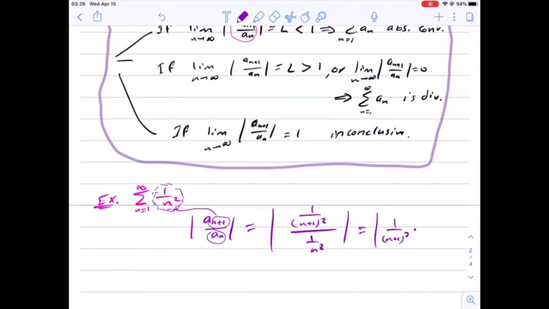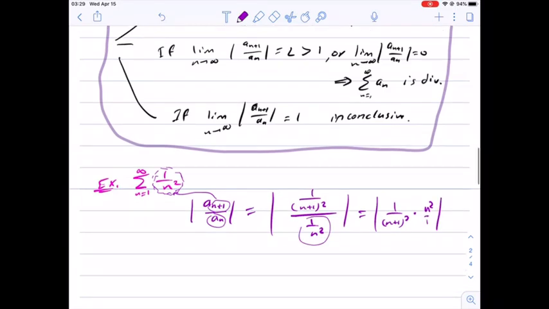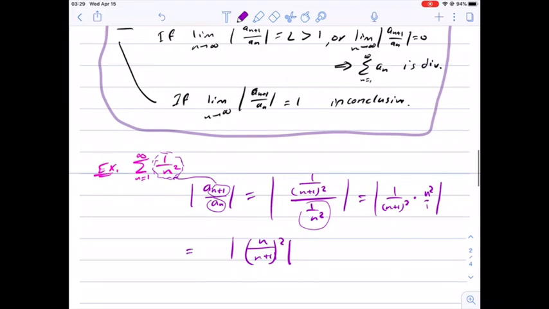And then we simplify. So 1 over (n+1) squared times n squared, because we take the reciprocal of the denominator. And then this is the absolute value of (n over (n+1)) squared, and then we don't need the absolute value.